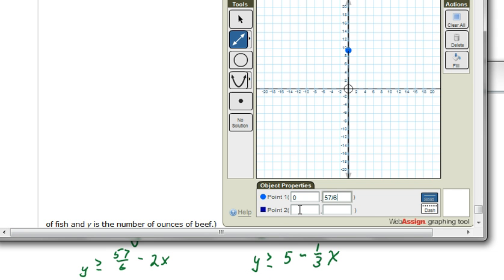And let's say when X is 1, we'll have 57/6 take away 12/6, which would be 45/6.